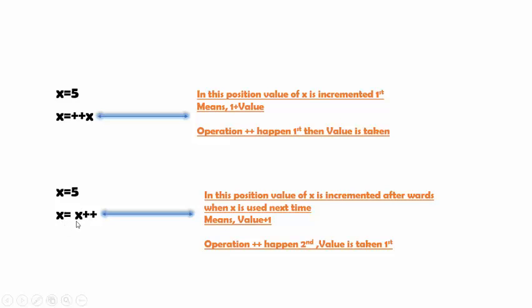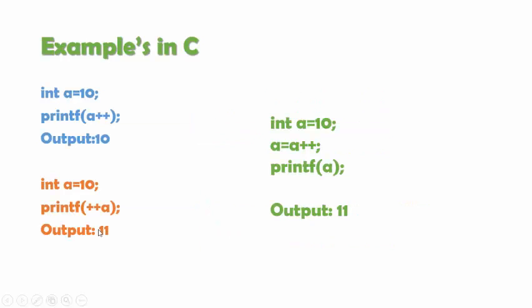In the post-increment concept, when we use this x again next time, at that point we find the new incremented value, because the remaining plus 1 is added afterwards, after this line.